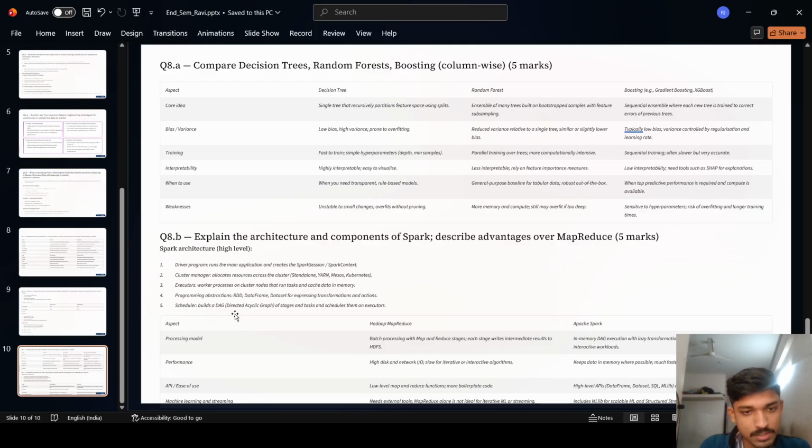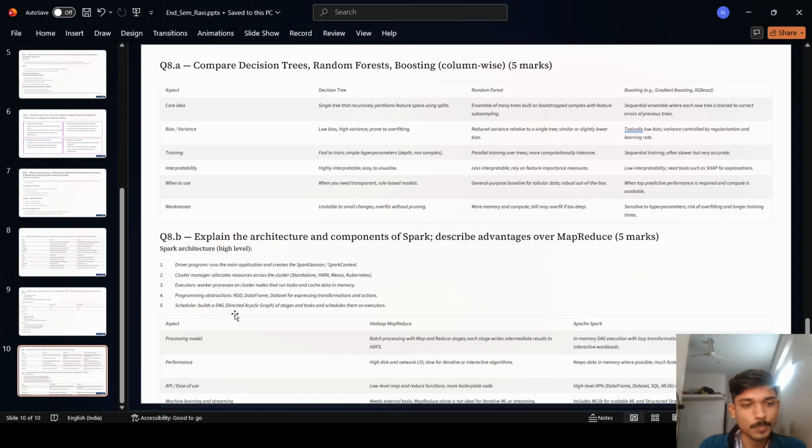The cluster manager allocates resources across the cluster. Executors are worker processes on cluster nodes that run tasks and cache data in memory. Program abstractions are RDD, DataFrames, and Datasets for expressing transformations and actions. The scheduler builds the DAG, directed acyclic graph, for stages and tasks and schedules them.